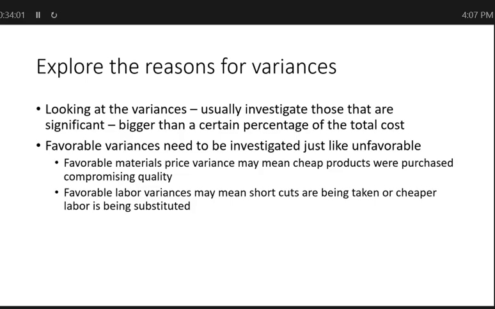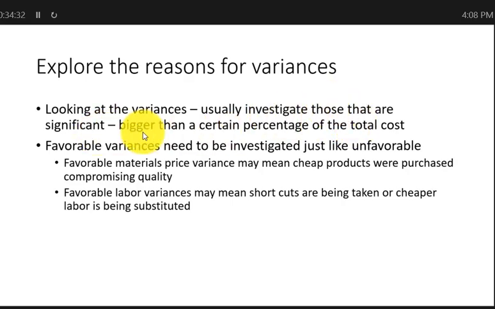Now, what do we do with this information we've now gathered? Well, it really doesn't do us any good if we don't actually look at these variances to see how much they are and what caused them. We're going to probably investigate, meaning ask questions, go talk to the people in charge of materials and the labor costs, all of these things.